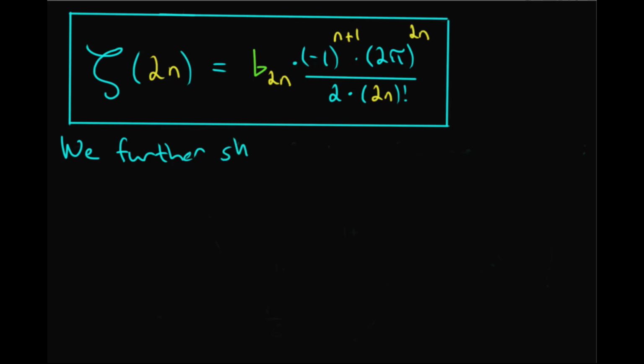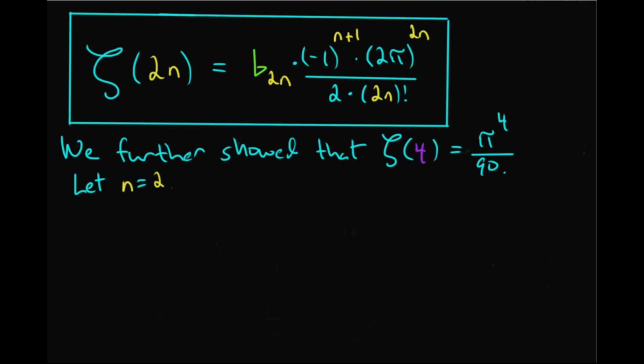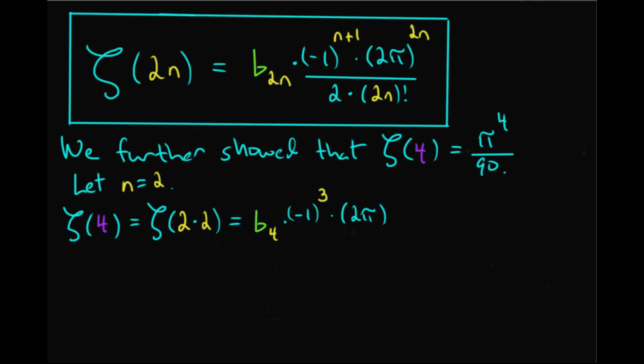In my video on the Basel problem on this channel, we also showed that zeta of 4 equals pi to the 4th over 90. So to compute zeta of 4 using our formulas, we'll let n equal 2. We'll then have zeta of 4 equals zeta of 2 times 2, which equals b sub 4 times negative 1 to the 3rd power times the quantity 2 pi to the power of 4 all over 2 times 4 factorial.